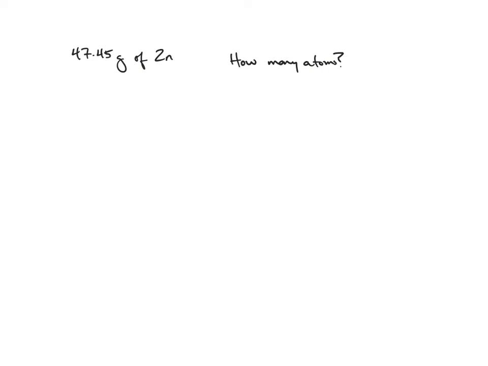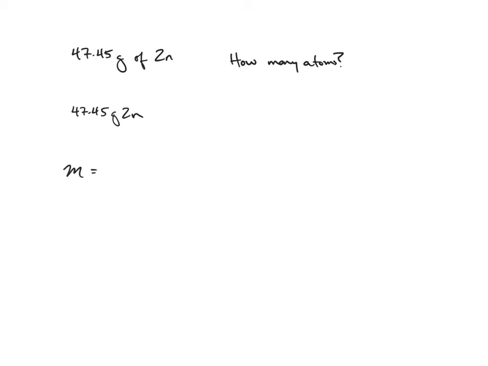Well, we're given grams. We don't have a direct conversion between grams and atoms, but we do have a middleman here, and that would be the unit of moles. So if I have 47.45 grams of zinc and I want to get that over to atoms, I'm going to need the molar mass of zinc.